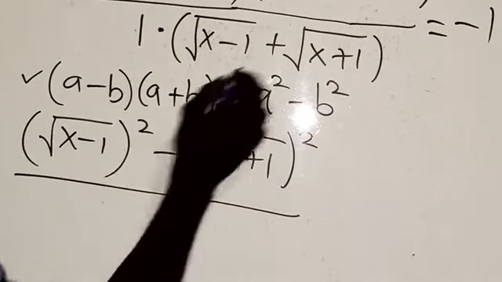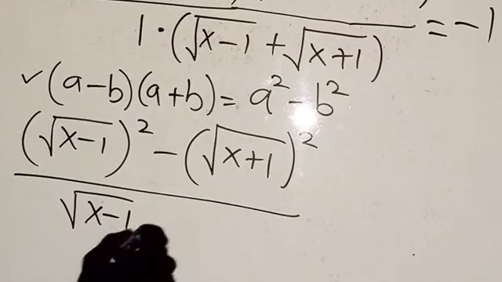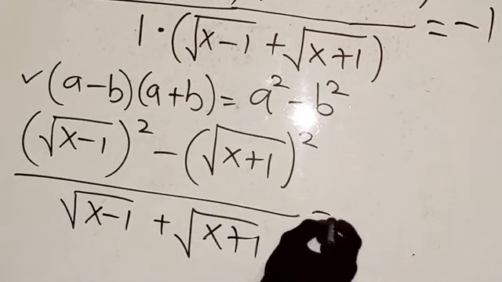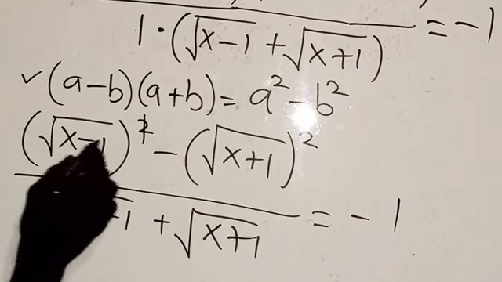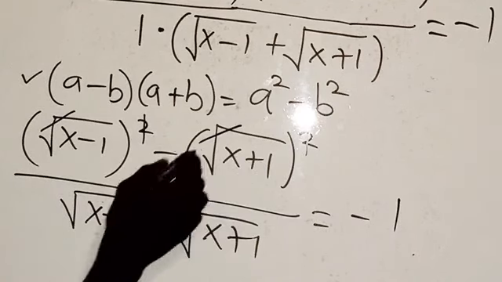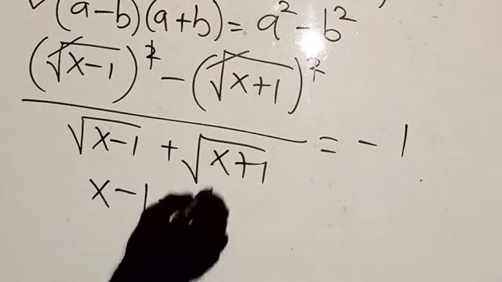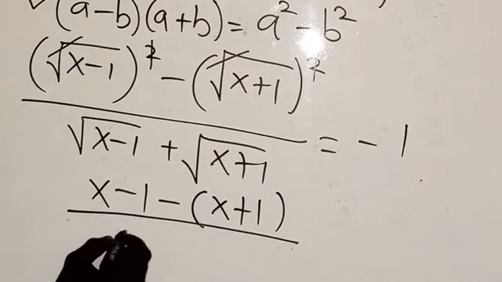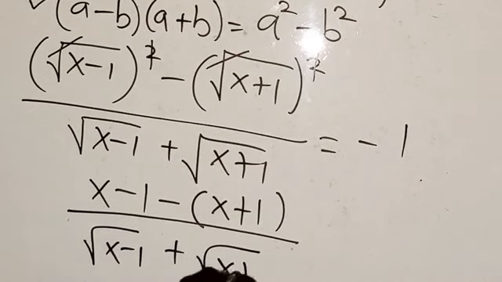Then divided by, I have 1 times this, root x minus 1 plus root x plus 1, which equals minus 1. So you can see that the square cancels the square root, and we are left with x minus 1, then minus bracket x plus 1, close the bracket, over root x minus 1 plus root x plus 1, which is equal to minus 1.